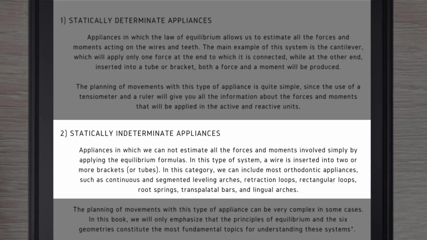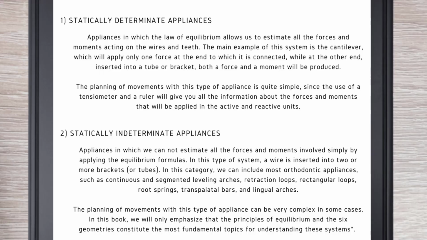Appliance in which we cannot estimate all the forces and moments involved simply by applying the equilibrium formulas. In this type of system, a wire is inserted into two or more brackets or tubes. In this category, we can include most orthodontic appliances, such as continuous and segmented leveling arcs, retraction loops, rectangular loops, roof springs, transpalatal bars, and lingual arcs.